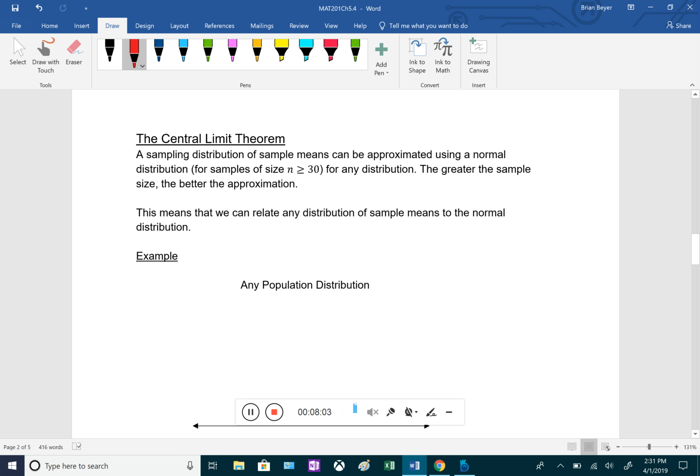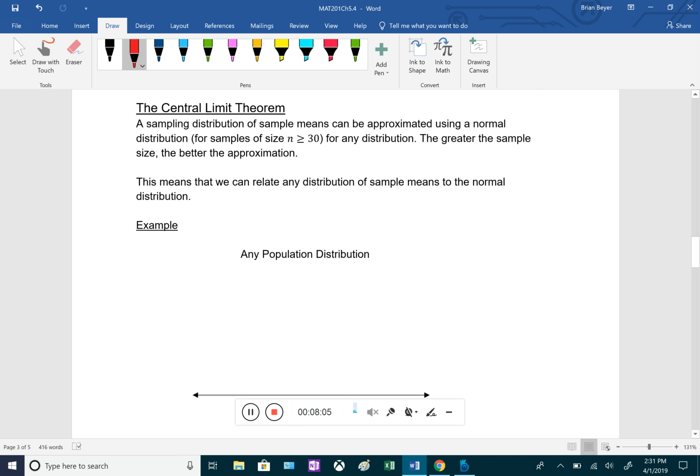Okay, so next for the central limit theorem. The central limit theorem is actually one of the most useful and powerful theorems in statistics. It says that a sampling distribution of sample means, which is what we just did, for sample size 30 or greater, can be approximated using a normal distribution for any distribution.